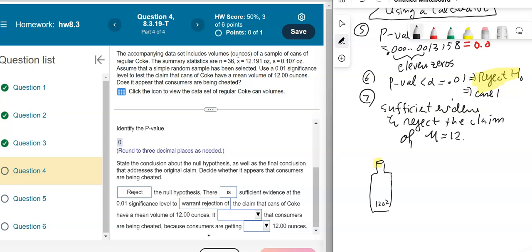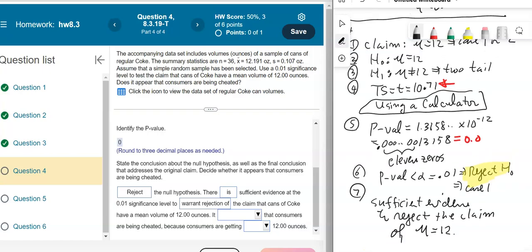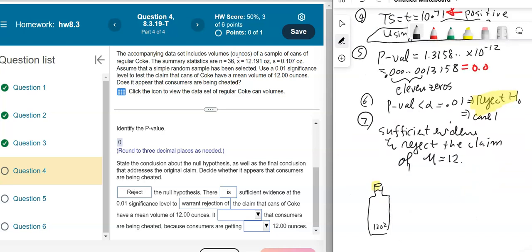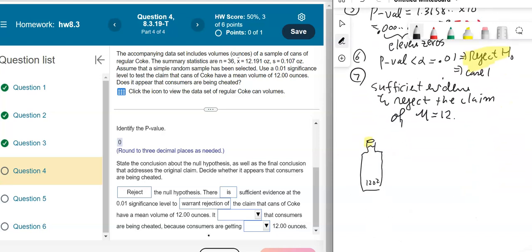If it says 12 ounce, the question is: why do you reject? Because the volume is not 12. The question is, is it more than 12? Is it less than 12? Now, when the test statistic is positive, then actually you're getting more than 12.